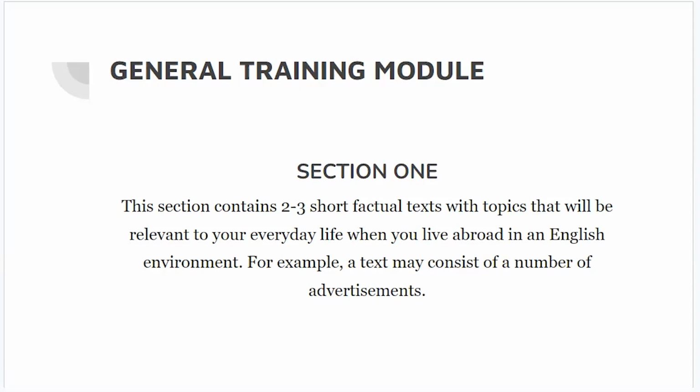For example, a text may consist of a number of advertisements, and the questions may be asked based upon that.